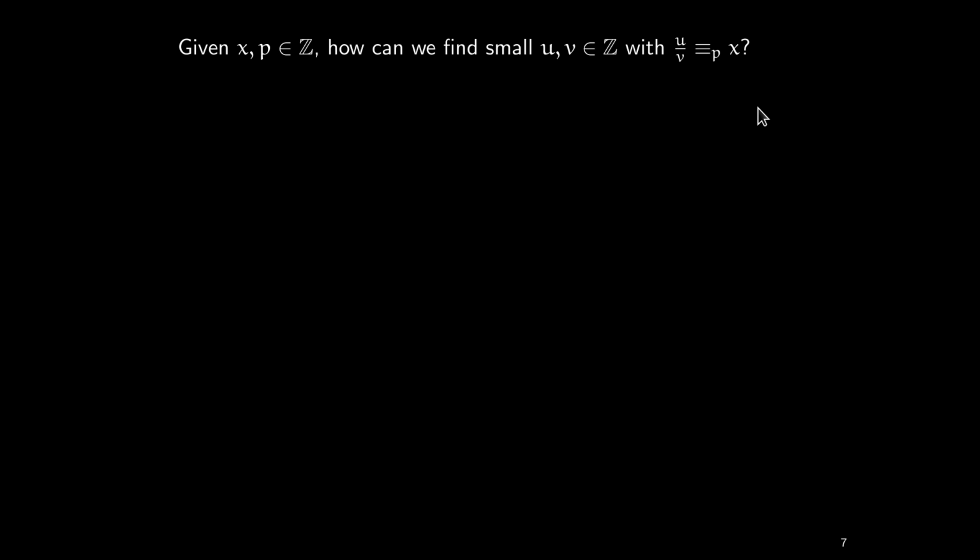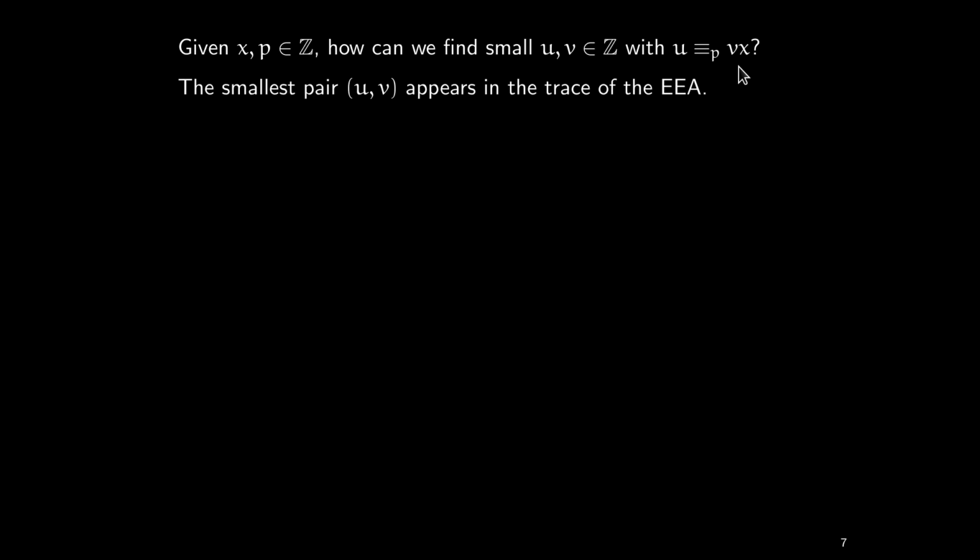The answer is the Euclidean algorithm. The Euclidean algorithm knows this because if you think of this equation, you prepare it a bit, move the v to the other side like this, and then expand also the definition of this mod p, which just says that this is equal up to a multiple of p, then you see this really looks like the extended Euclidean algorithm.